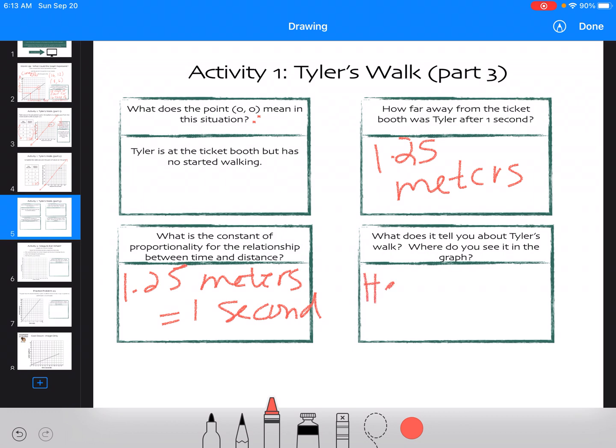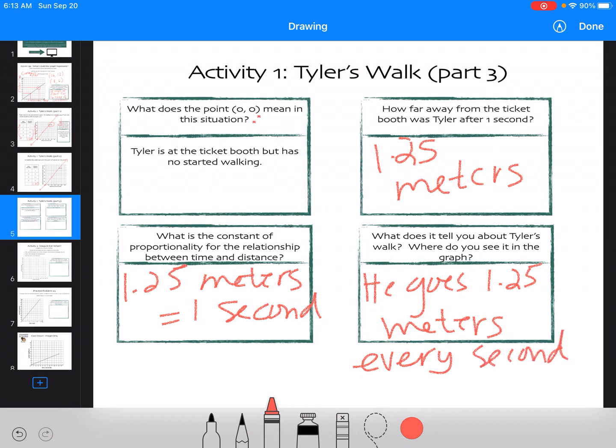He goes 1.25 meters every second. And I really should change goes to walks, because you want to be as precise as you can be.